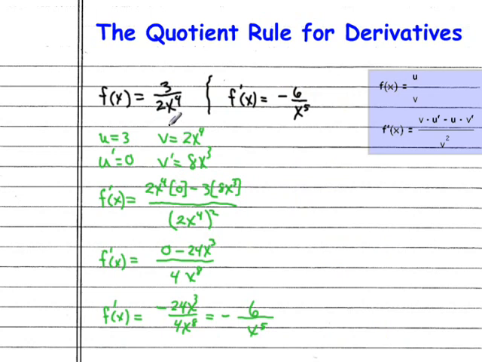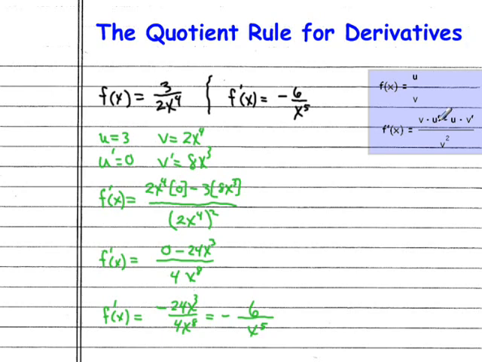If we recall from one of our problems just a moment ago, we had the function f of x equal 3 over 2x to the fourth. We wrote that as a power of x and found the derivative to be negative 6 over x to the fifth power. Now, if we were to use the quotient rule on this, we would name our numerator u, so u is equal to 3, our denominator v, 2x to the fourth, and in the rule we need to know not only v and u, but u prime and v prime.